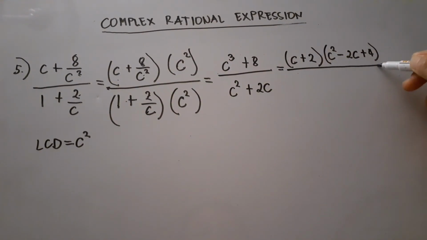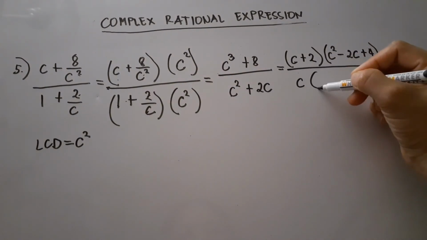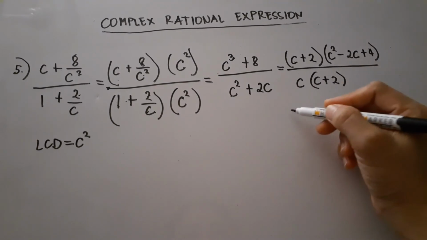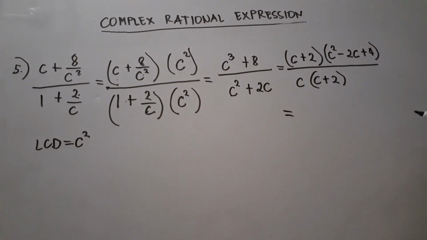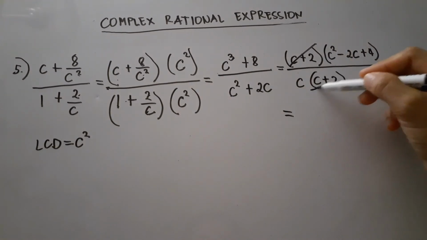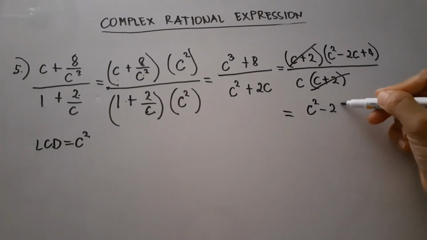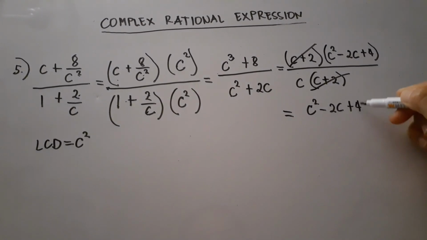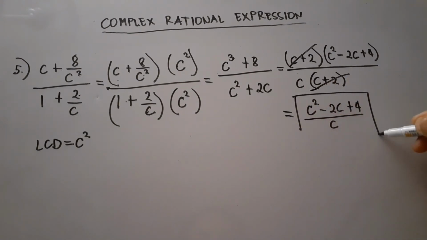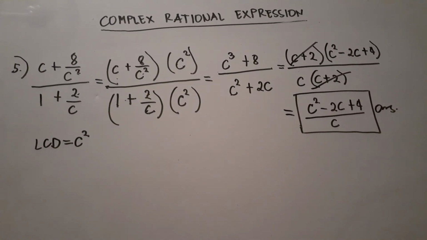Remember our last video when we factored by the difference of cubes or sum of cubes? You can check it out, and then we cancel out the common factor. We have c positive 2, the remaining is c squared negative 2c positive 4 over c, and this is our answer. That's all.